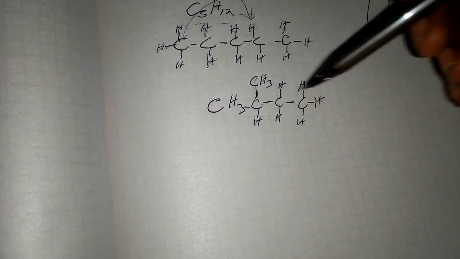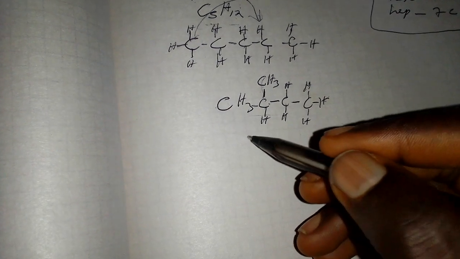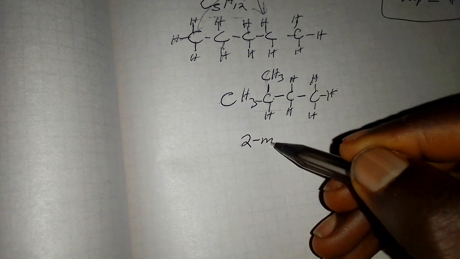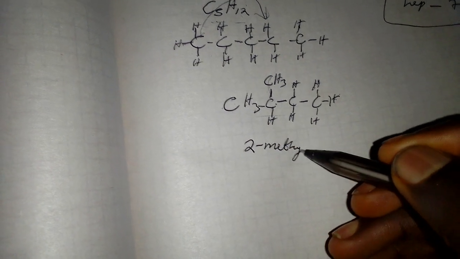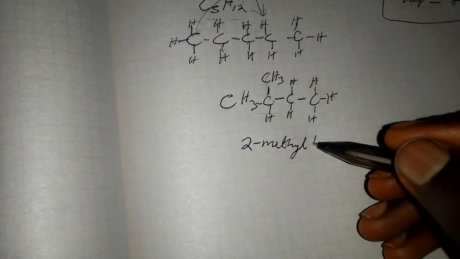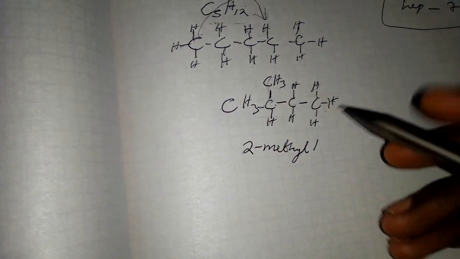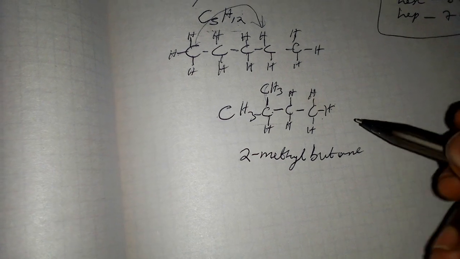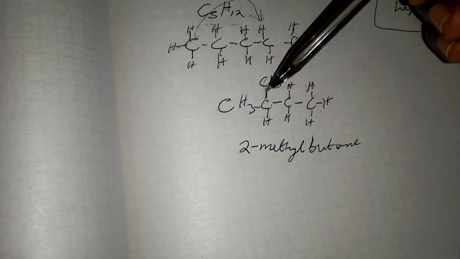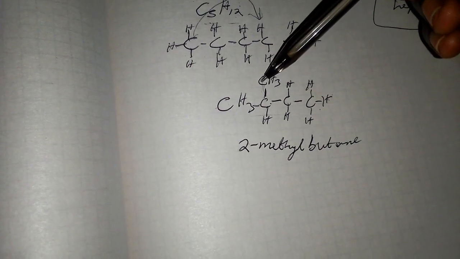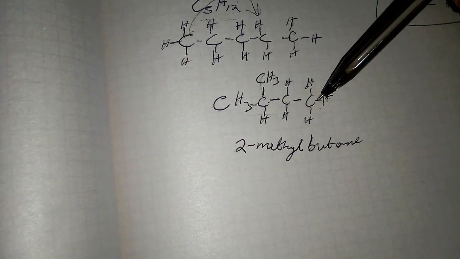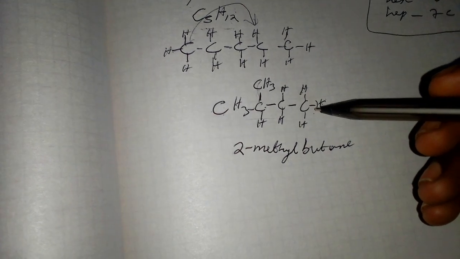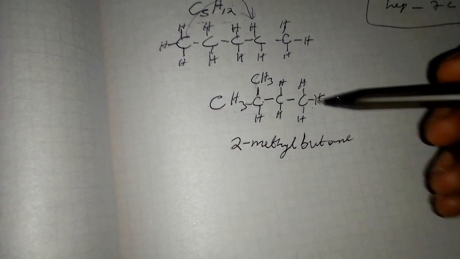So we will name this as 2-methylbutane, with 4 carbon atoms in the longest chain. So take note, the longest chain can go from here to here, or from here to here. So you start naming from either direction of the chain.